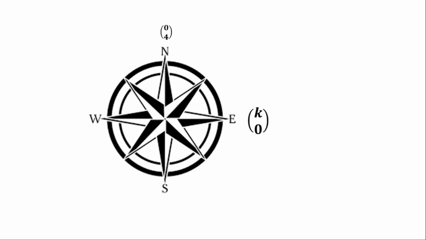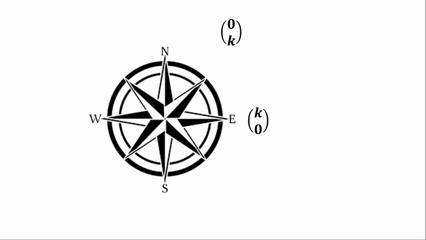Similarly, if I'm due north, 0,4, 0,7, 0,13, generally 0,k. The horizontal must be 0, and the vertical can be any value of k. Any unknown value, I should say.